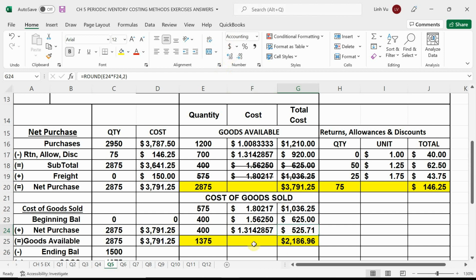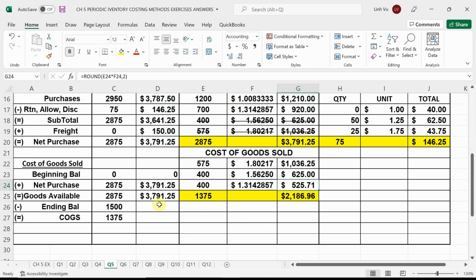Right? Good. Which, if you tally up everything, you should get a grand total of $2,186.96 for selling a total of 1375 toys.